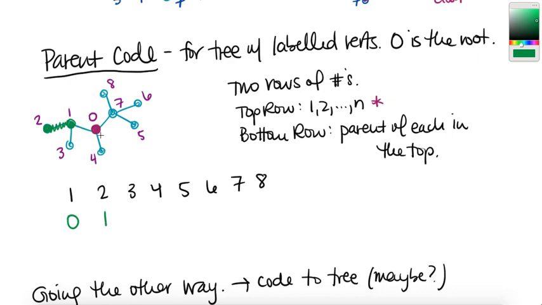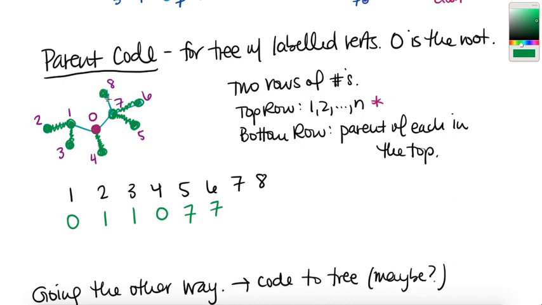Okay, and then let's see, vertex 3. 3 is going to be similar. I'm at 3. I walk closer to the root, right? I'm not talking about ruler distance. I'm talking about walking along edges. So I get 1. 4, I walk closer to the root and I get 0. 5, I walk closer to the root and I get 7. 6, I go closer to the root, its parent is also 7, so you can have numbers show up more than once.